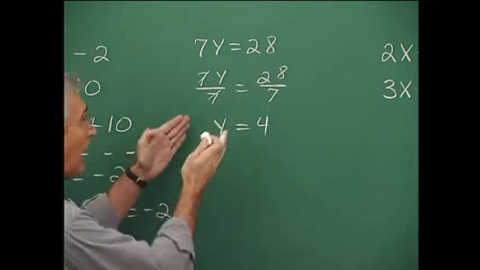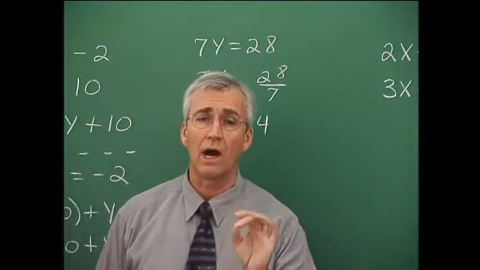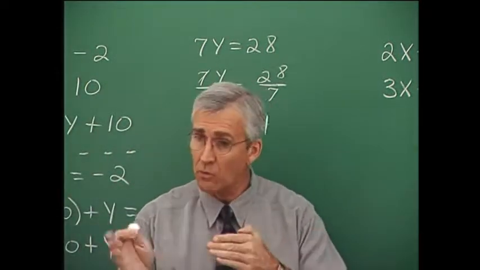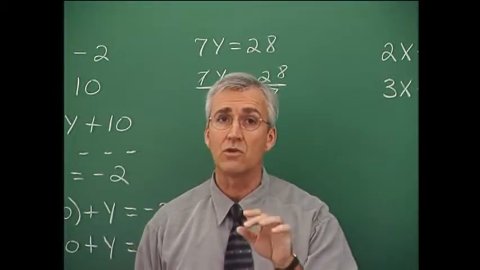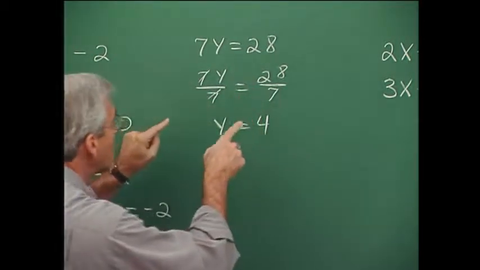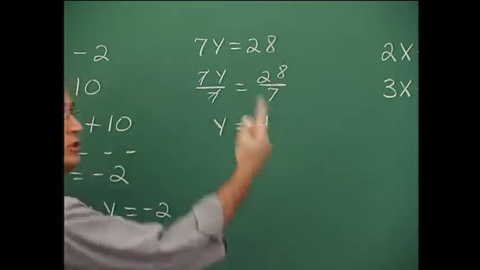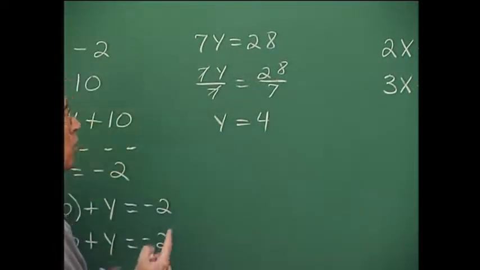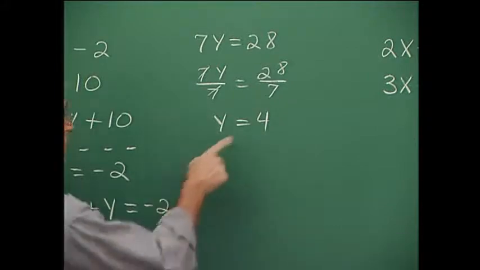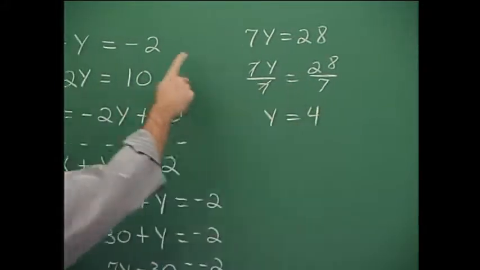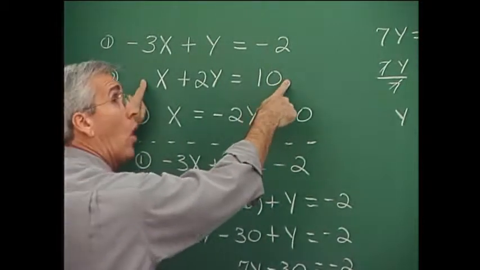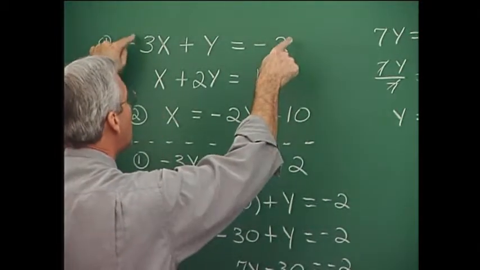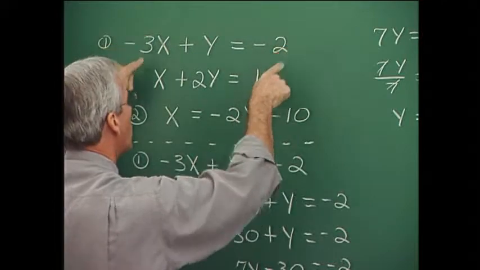Now, that's the y component. That's the value of the y, but we want a value for x and y that solves both equations at the same time. To find the value of x, we take this information about y and substitute it back into one of the original equations. So we are going to replace y with 4 in this equation, or in this equation, or into any equivalent form of these two equations.